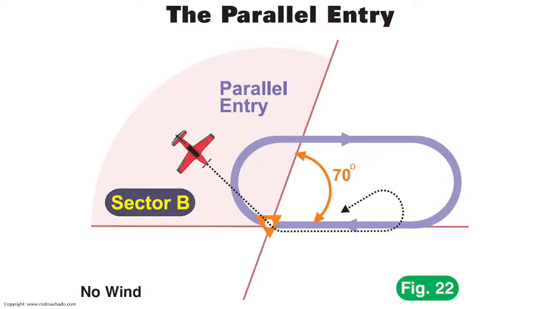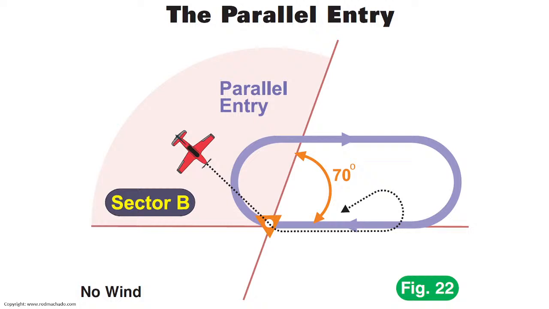All right, parallel entry. How do we do parallel entry? You fly the inbound leg outbound and then come back in at a 270-degree angle in the safe zone back to the entry point. This is if you're on the same side of the course that you're going to hold.